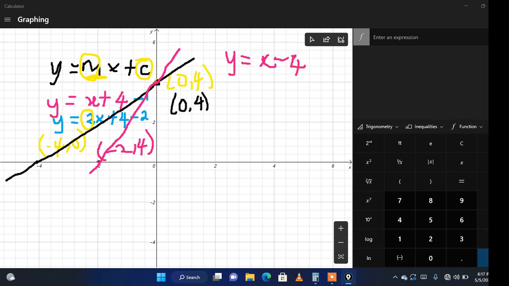Now look at what is going to happen here. Since we have our equation as y equals x minus 4, our y-intercept is going to be -4 below here. So our point will be written as 0, -4.